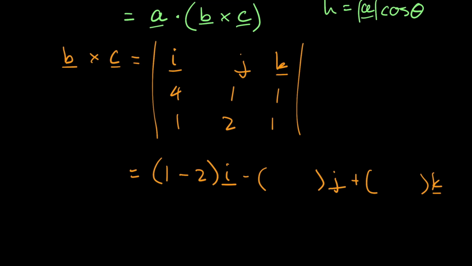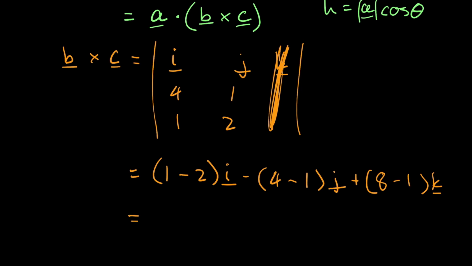Now for the j one, we take out this column, and we have 4 times 1, which is 4, minus 1 times 1, which is 1. Now for k, we take out this k column, and we have 4 times 2, which is 8, minus 1 times 1, which is 1.